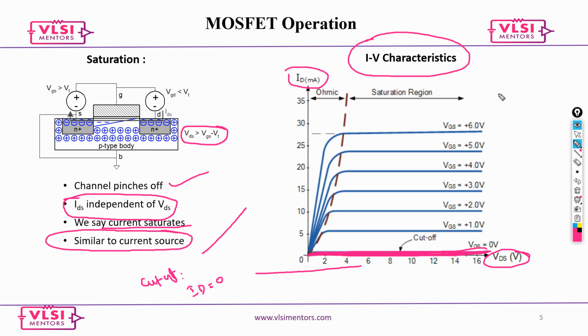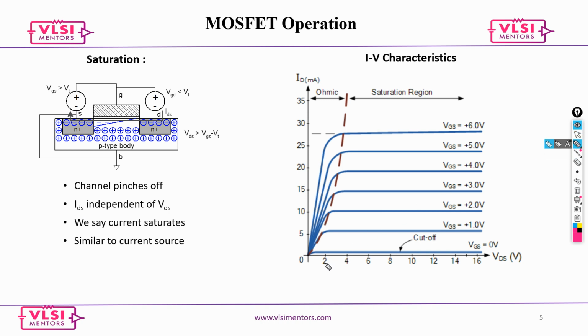Now in linear, what is it? The ID increases. So linear, it is basically both your drain voltage and your ID. Both voltage and current increase.